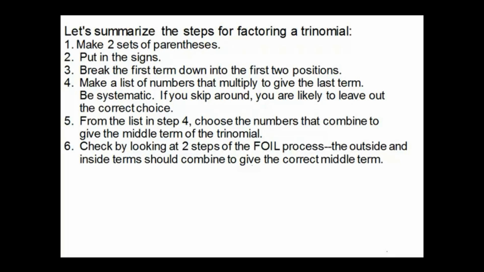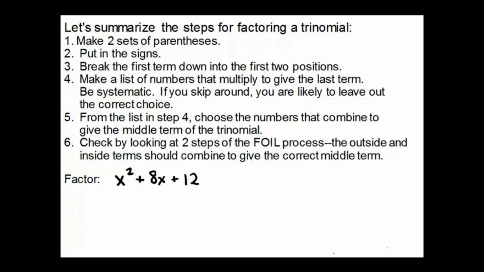If you skip around, you are likely to leave out the correct choice. Fifth, from the list in step 4, choose the numbers that combine to give the middle term of the trinomial. And sixth, check by looking at two steps of the FOIL process. The outside and inside terms should combine to give the correct middle term.